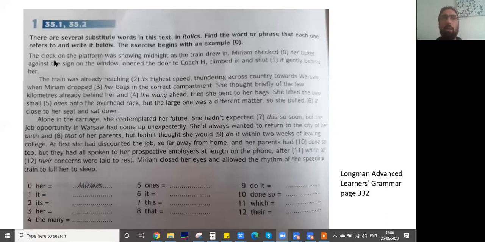Okay, so the clock on the platform was showing midnight as the train drew in. Miriam checked her ticket against the sign. So her is referring to Miriam here, this is the example.